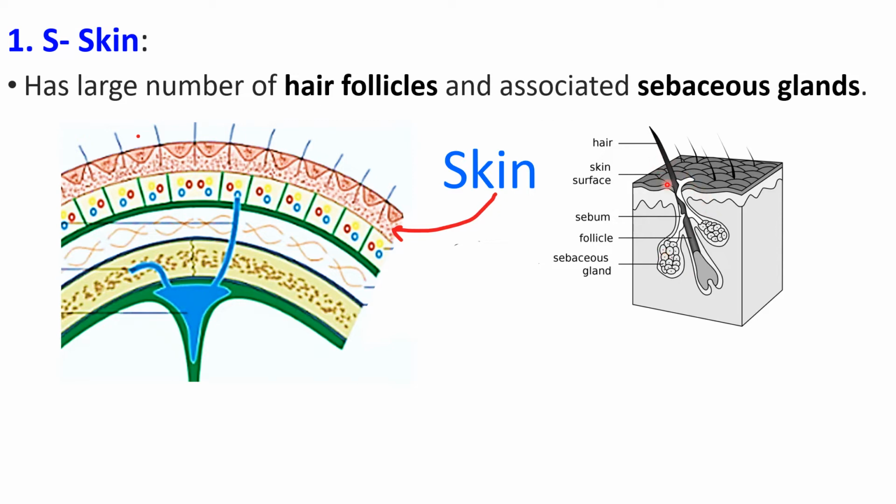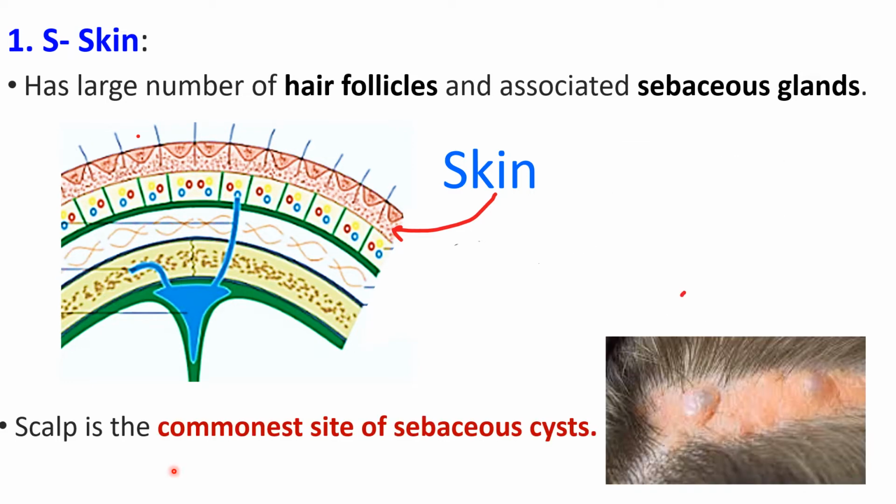So here we can see this is the hair coming out, these are the hair follicles, and we can see here the sebaceous glands. What happens, because of these large number of sebaceous glands present in the scalp, is that the scalp is in fact the commonest site of sebaceous cyst. These will appear on the scalp as small bumps, filled with the secretions.